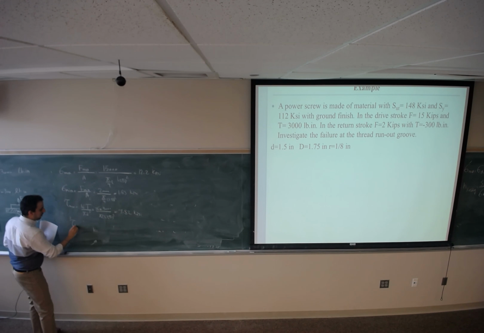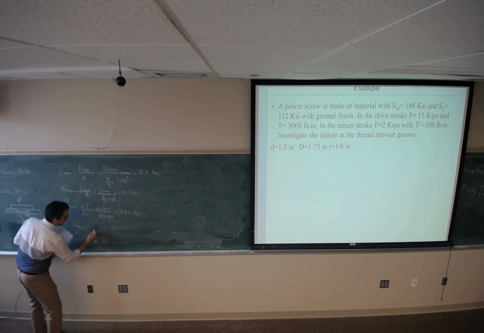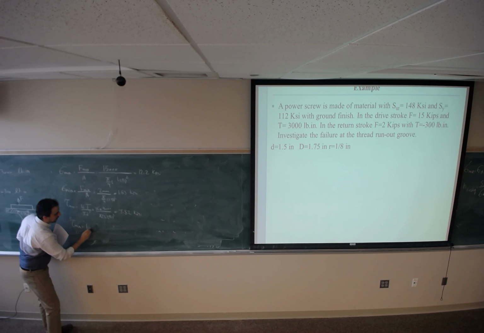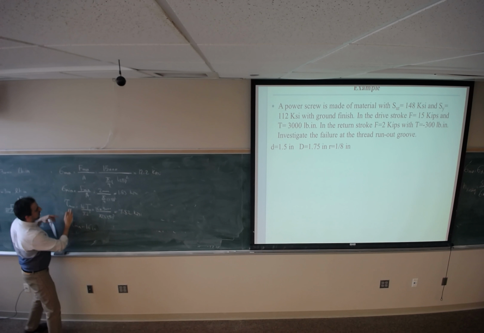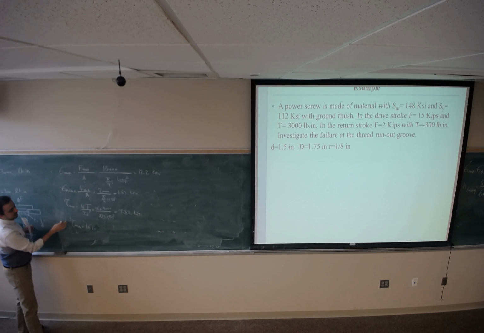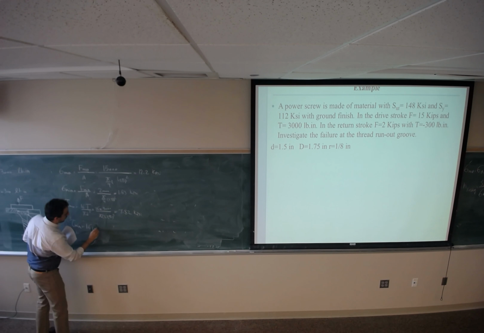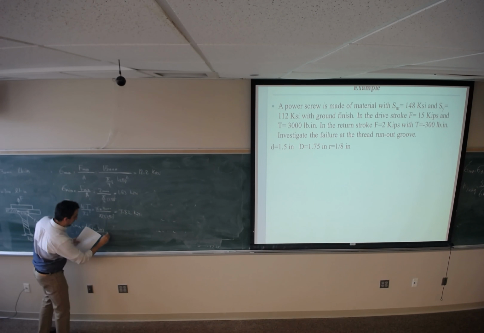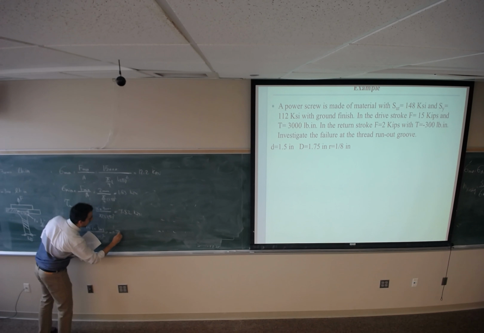Tau mean: the torque is going to be negative, so I should consider the negative side. It's important because the values for alternating and mid-range are going to change when I add or subtract. So negative 300 gives negative 0.782 kpsi.